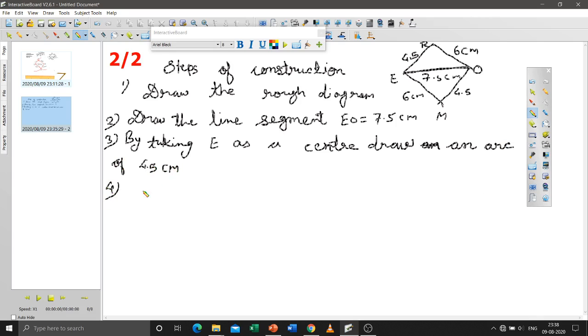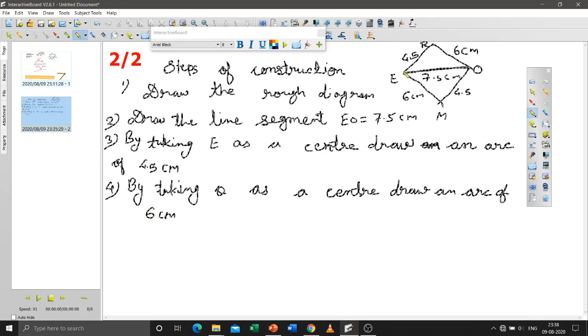What is the fourth step? By taking O as a center, draw an arc of 6 centimeter.